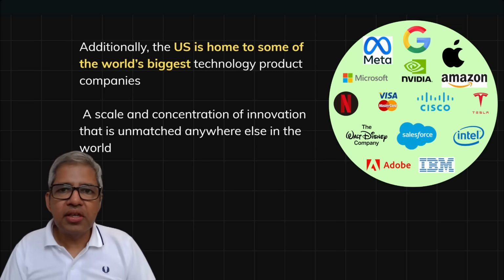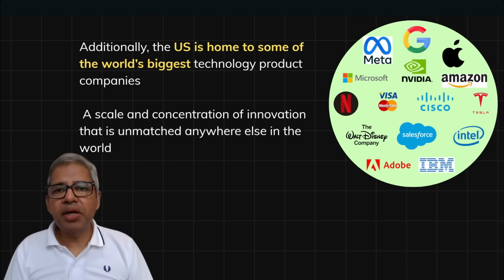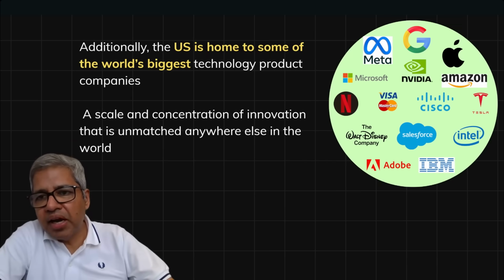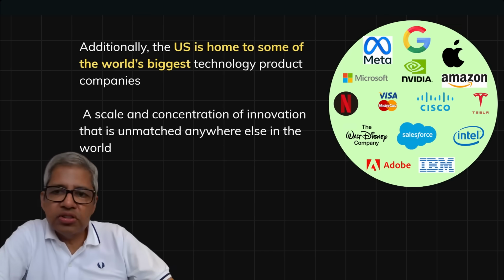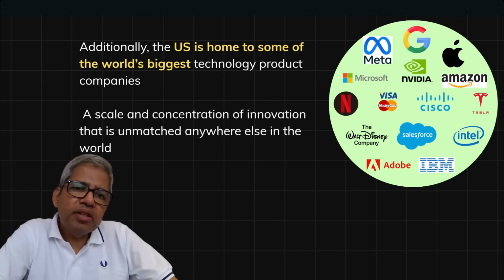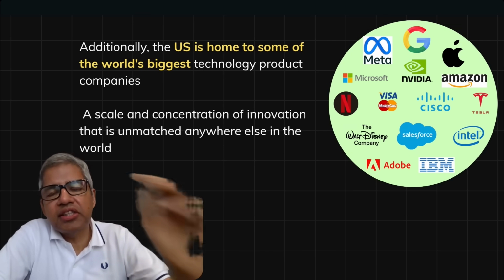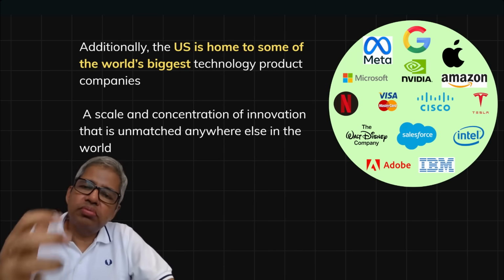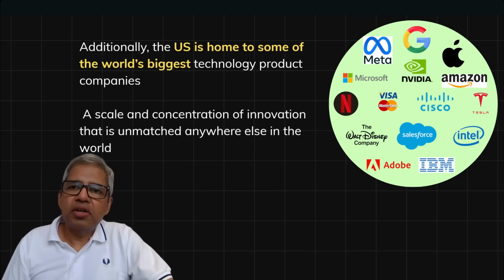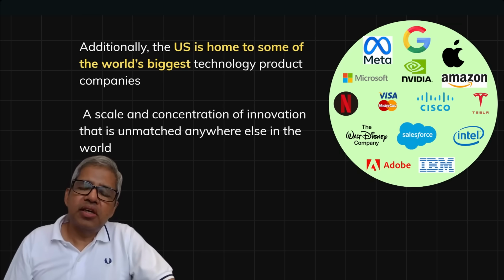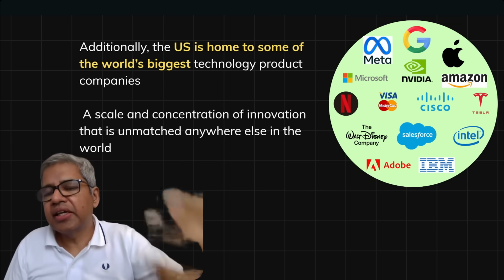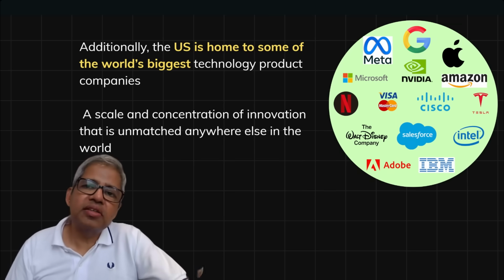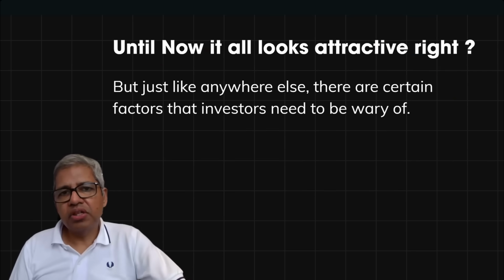And there are a huge number of big conglomerates and mega companies there, some of which are on the screen. The scale and concentration of innovation in those companies is unmatched anywhere in the world. So that also pulls you towards investing in those companies, to be with the leading innovation change that is happening in the world.